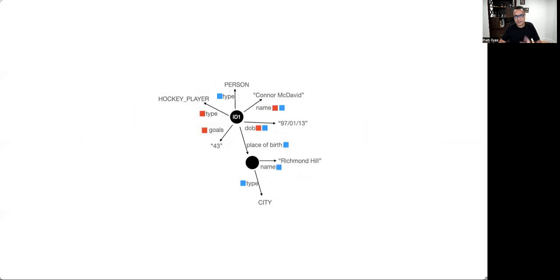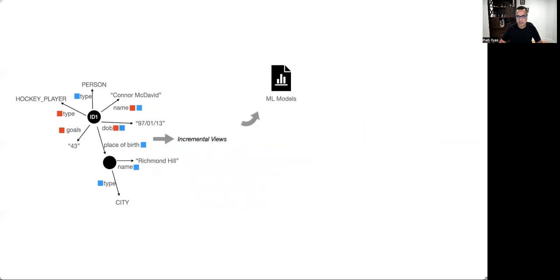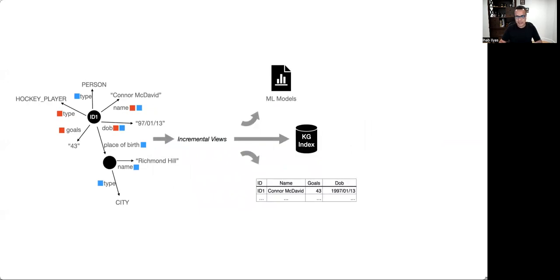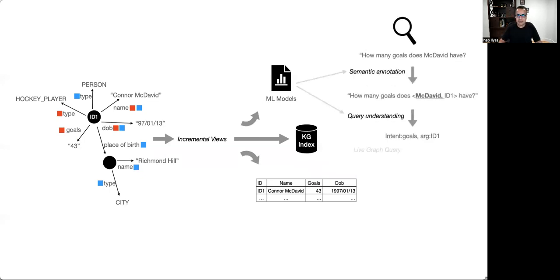Putting them together into a unified representation according to the target ontology, in a rich format capable of even absorbing more data later, is important to expose this entity in machine learning models for services, KG index for lookup, or views for other people to see.